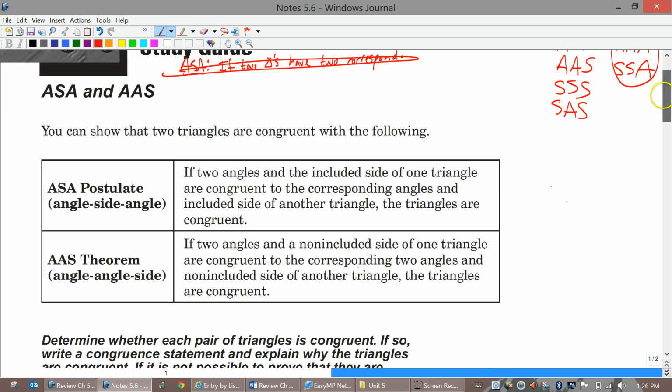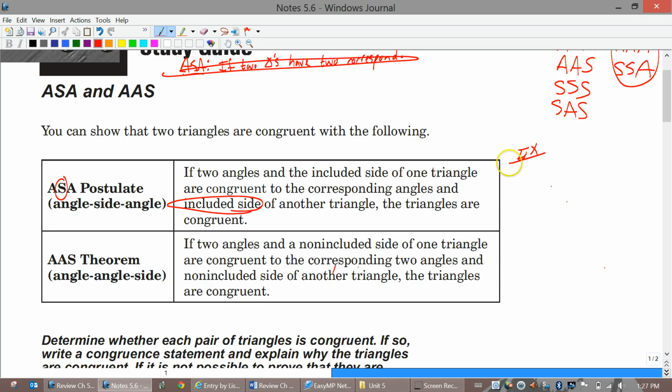I forgot that earlier too. ASA: if two angles and the included side of one triangle are congruent to the corresponding angles and included side of the other triangle, the triangles are congruent. The important part about that is the fact that it says the included side. Notice how S is between the two A's when it's written. Okay? That means a side congruent.